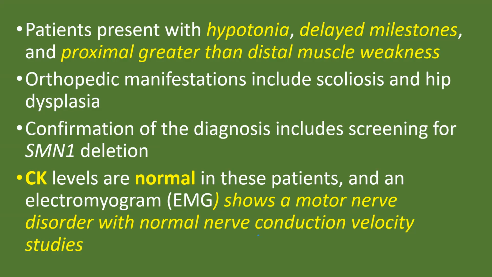Remember that in spinal muscular atrophy, creatine kinase levels are normal, while in Duchenne's muscular dystrophy, CK or creatine kinase levels are high. So they are normal in these patients, and an electromyogram shows a motor nerve disorder with normal nerve conduction velocity studies.